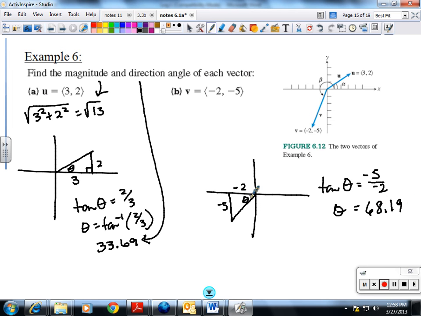But here's the thing, that is 68.19, but I want my actual angle, so I would need to take that 68.19 and add it to 180. So you get 248.2 degrees.